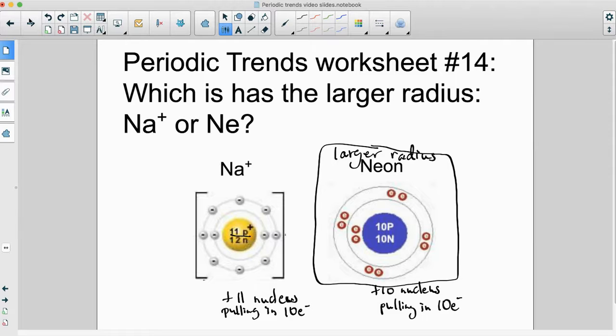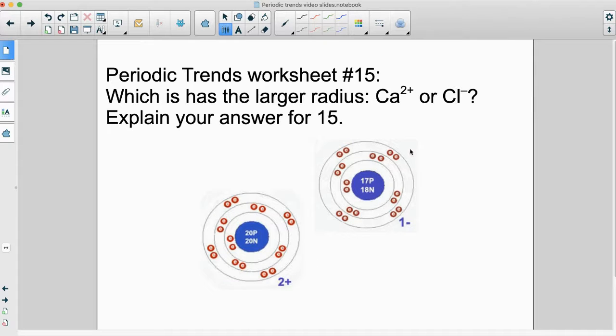All right, so then here's periodic trends worksheet number 15. Give it a try. Look at the nucleus, the charge on the nucleus, and count how many electrons it's trying to pull in. First of all, 20 protons.